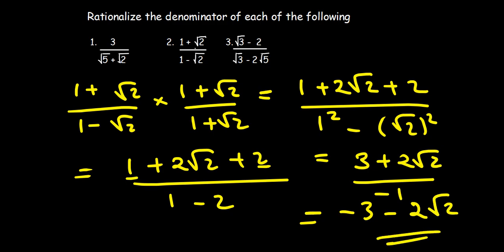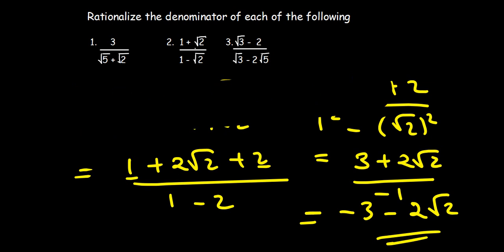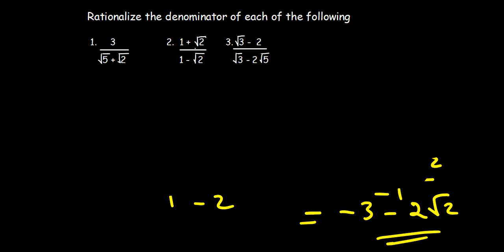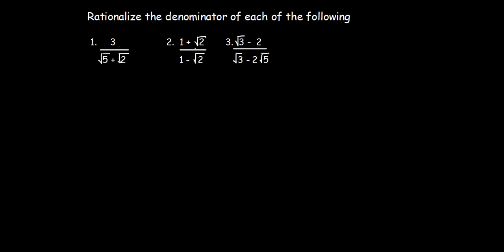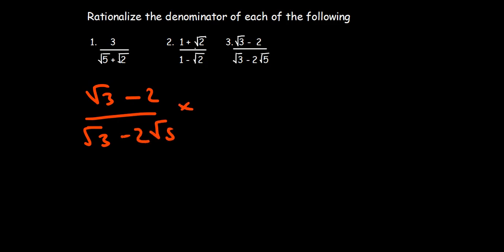Let us do the last question. What we do is multiply by the conjugate of the denominator. So that will be root of 3 minus 2 over root of 3 minus 2 root of 5, multiplied by root of 3 plus 2 root of 5 on top and bottom.